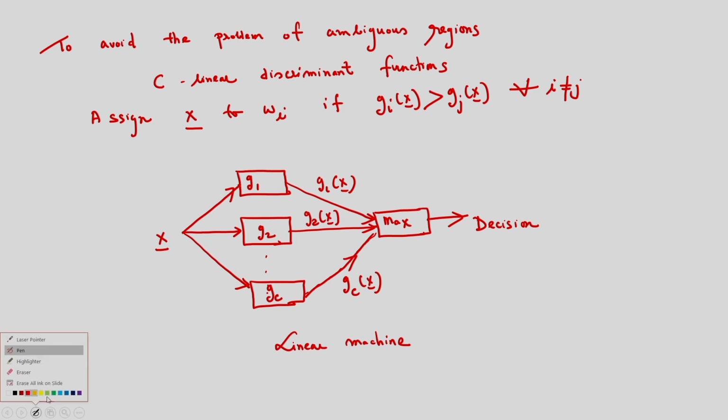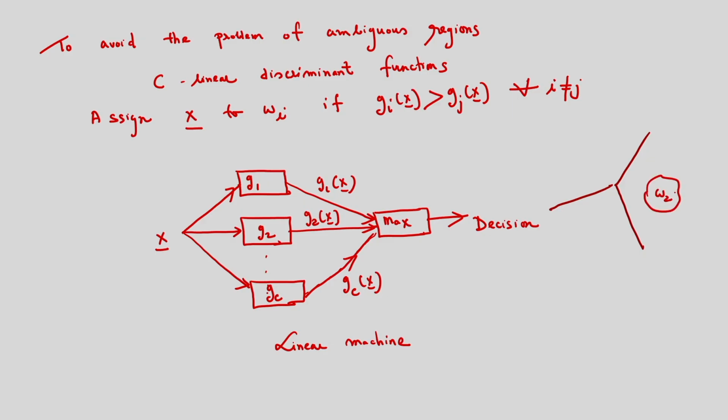So corresponding to this my decision boundaries may be something like this. So I have the classes. This is the class omega 2, this is the class omega 1, this is the class omega 3.